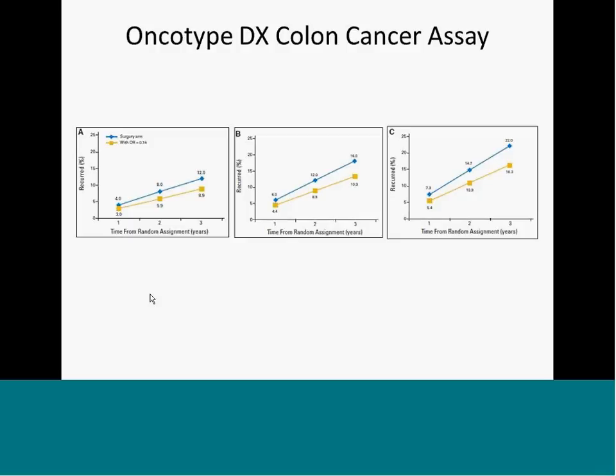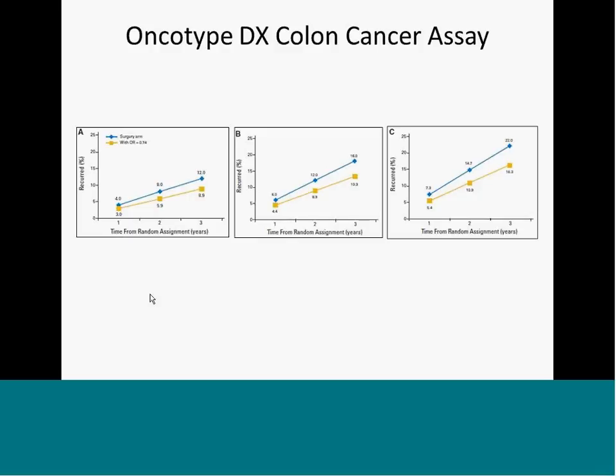So if we order it and someone comes back with a score of 45, which is high risk, we're unclear what to tell this patient in terms of adjuvant chemotherapy benefit. So now you're ordering a test that gives you information, but it's unclear how it's going to guide your treatment.